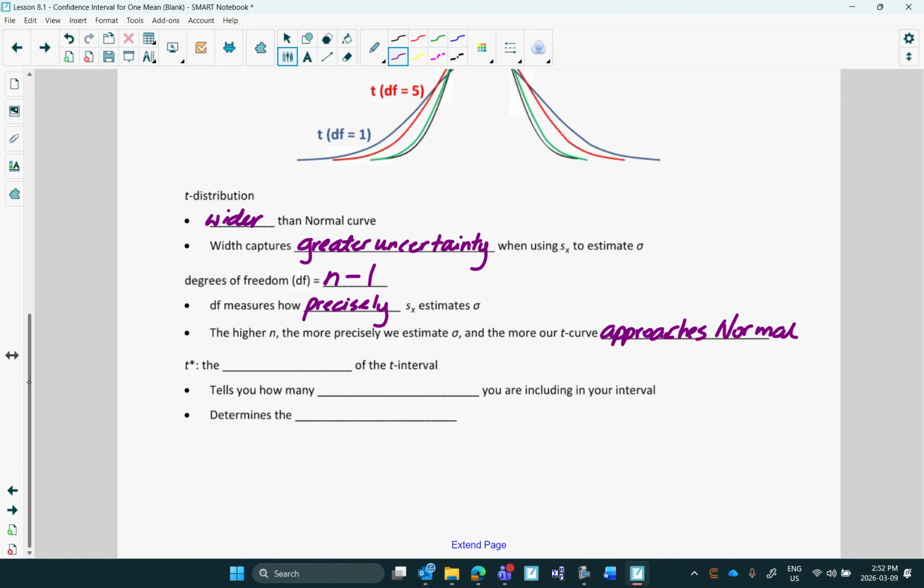So instead of using Z star, the number of standard deviations in a normal curve, we're going to use T star, which represents the critical value of the T interval. It tells you how many standard errors to include in your interval, and it determines the confidence level.